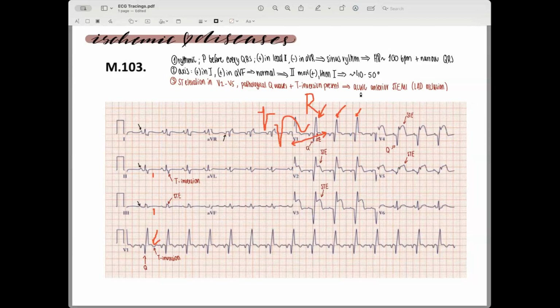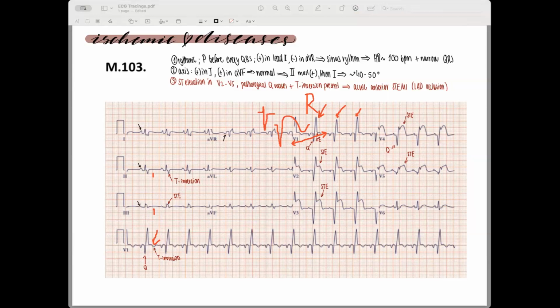Why do you see a big R in V1, V2? I'm not sure if it's posterior. In posterior, you see an initial R, not the second one. This looks like the second R is big.